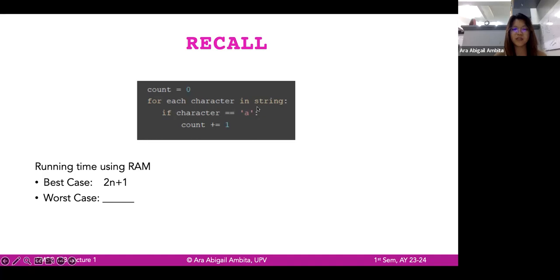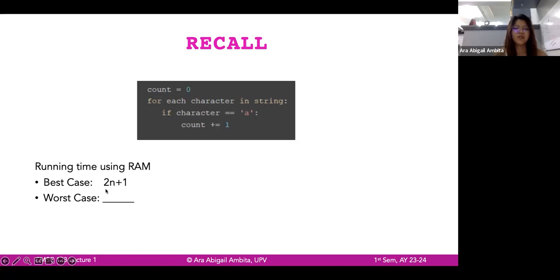It depends on the implementation of the for loop. There are some implementations wherein it loops exactly n times, but there are also implementations that loop until the end of the string plus 1. So the best case could either be 2n plus 1 or just 2n.